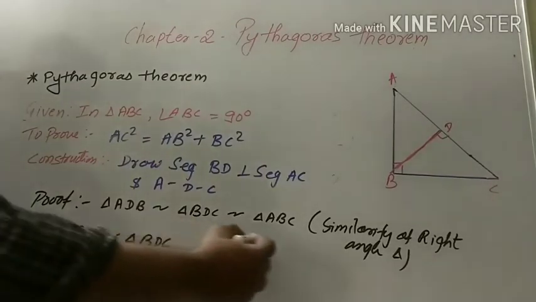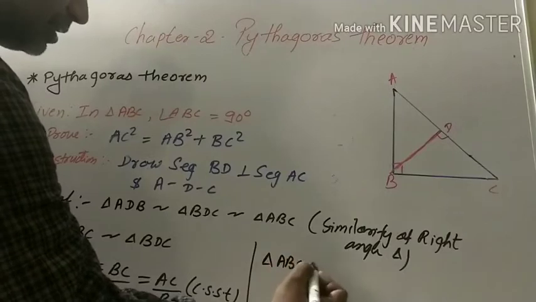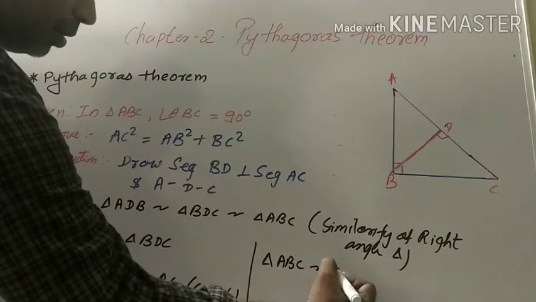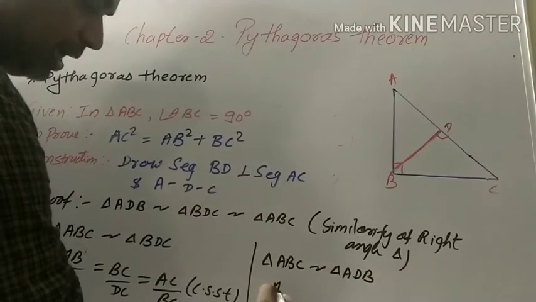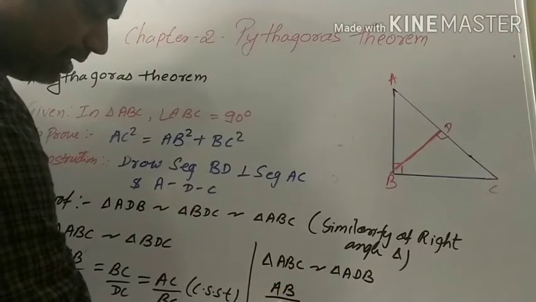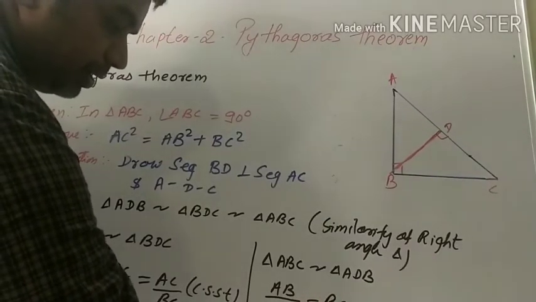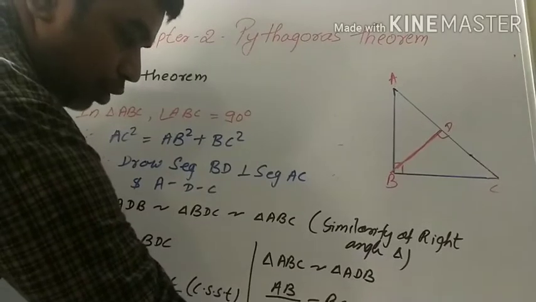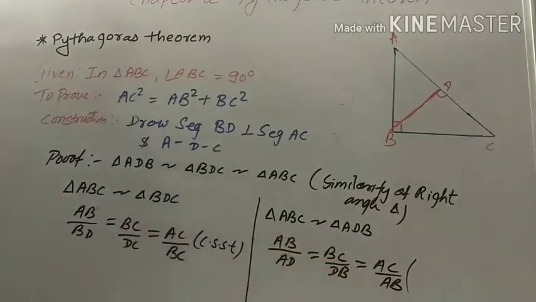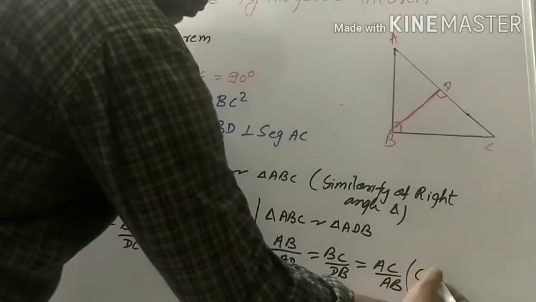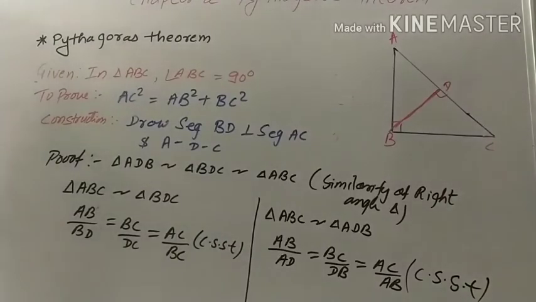Like that, we take triangle ABC similar triangle ADB. Now AB upon AD is equal to BC upon DB is equal to AC upon AB, corresponding sides of similar triangles.